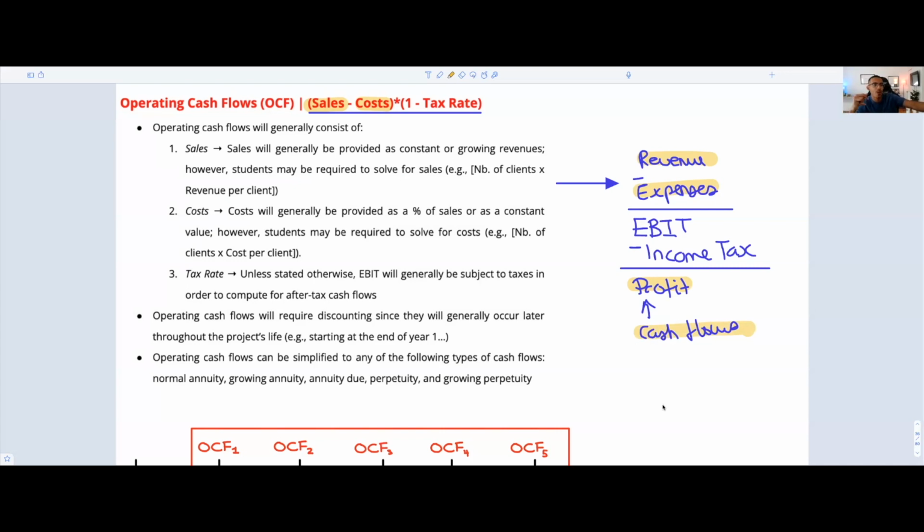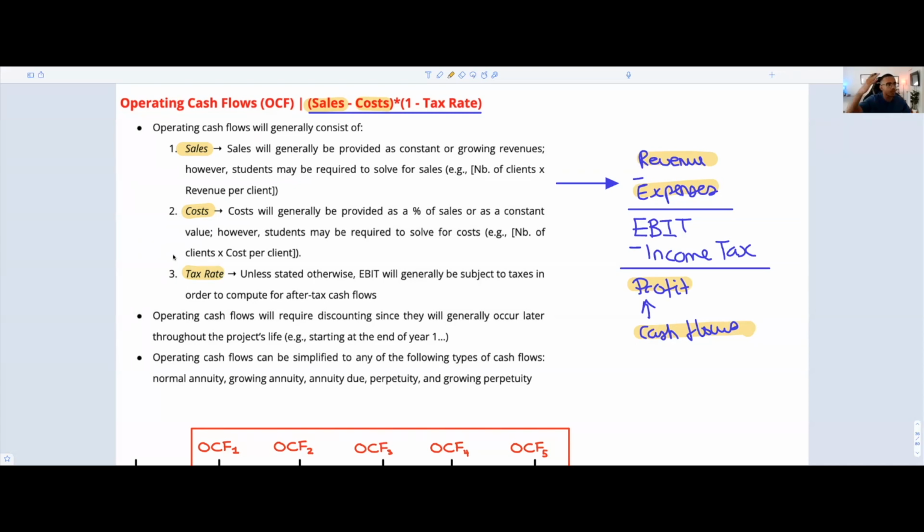Very straightforward. I guess I said we're not going to begin with the formula, but heck, let's begin with the formula. Of course, we have our sales, we have our costs, and we have our tax rate. Now, sales on an exam can be provided as a constant set of revenues.